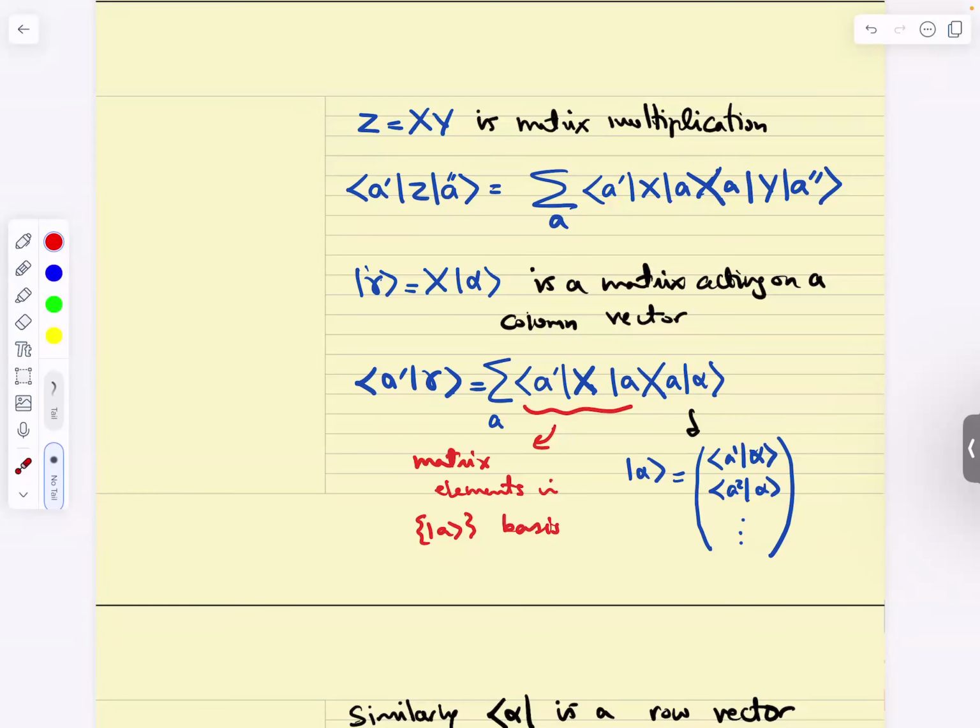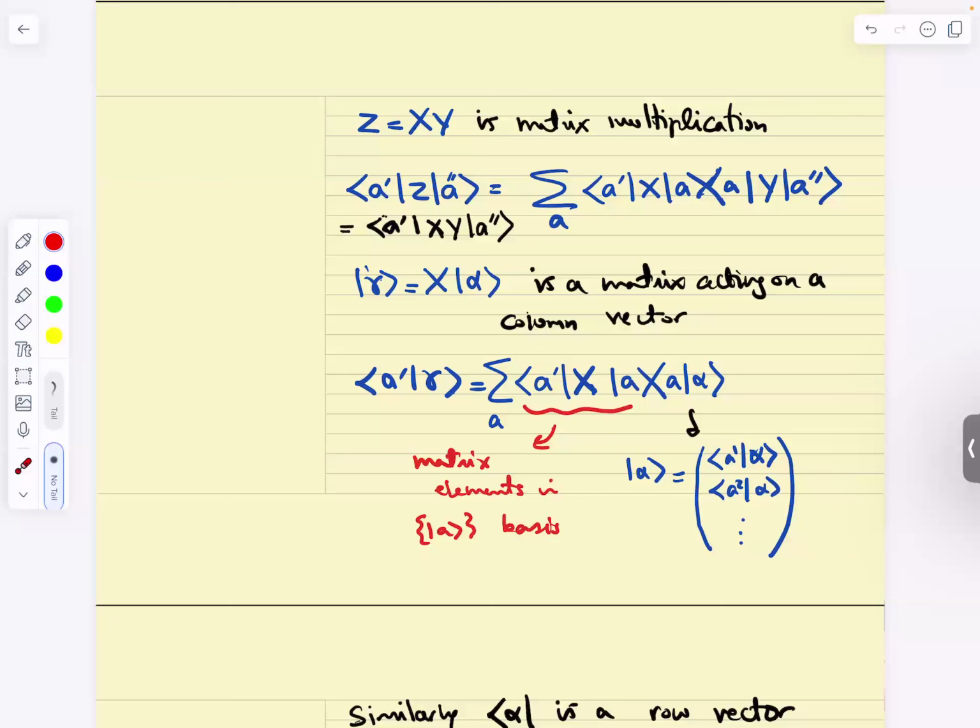So what I can do is, so I have X and Y. So first, let me write this as A prime, X, Y, A double prime. Then in the next step, you insert a resolution of identity in the middle.